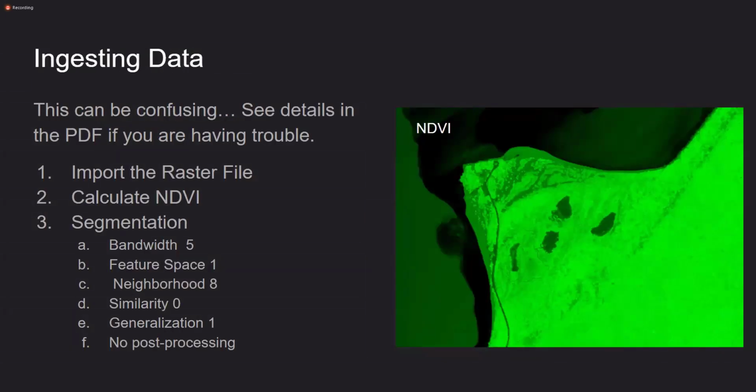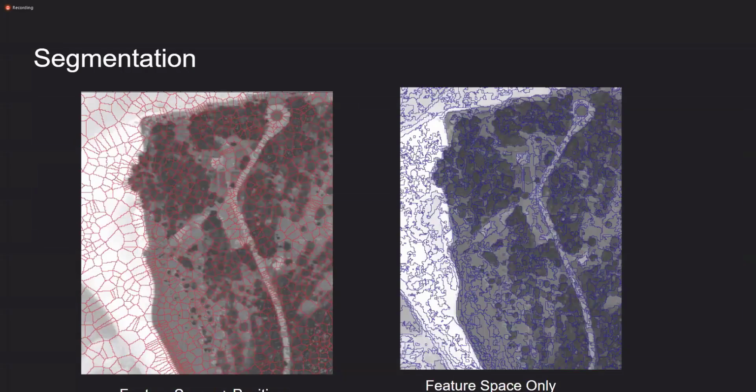This is that NDVI image with the same segmentation details that we looked at that are in the PDF. This shows the difference between the use of feature space plus position, which is the alternative segmentation that we didn't do, and feature space only, so the spectral information only.